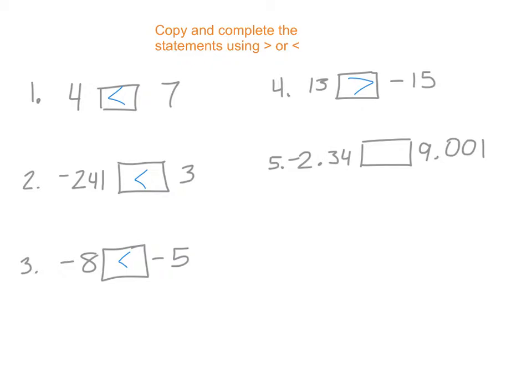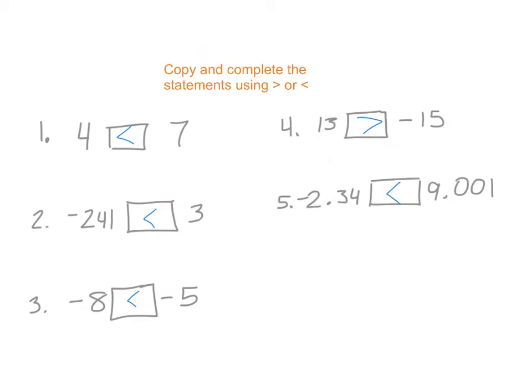It's far down on the left of the number line, left of 0. And then of course, -2.34 is less than 9.001, or we could read this the other way and say 9.001 is greater than -2.34.